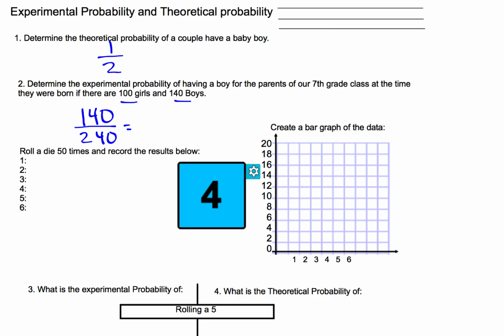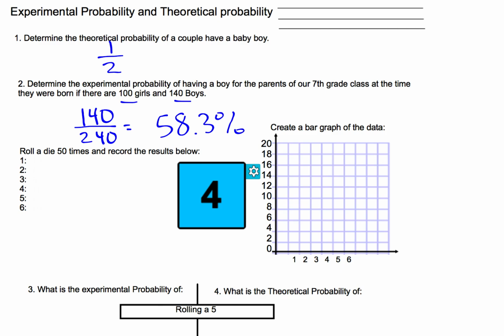And if I just take a quick 140 divided by 240, I get 58.3%. So this was a class of 7th graders that were at the school several years back, and there were 58.3% boys.